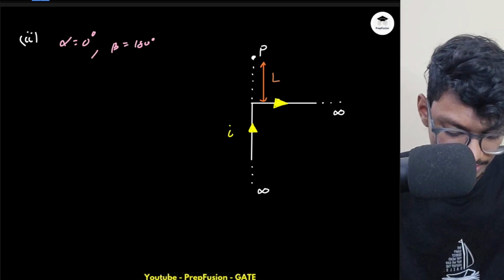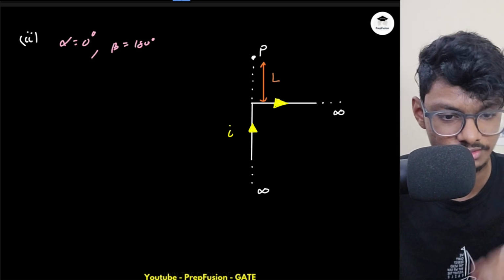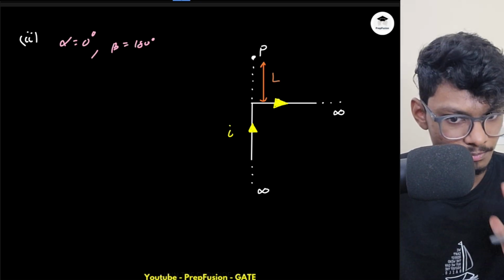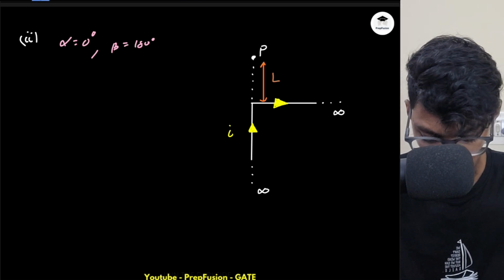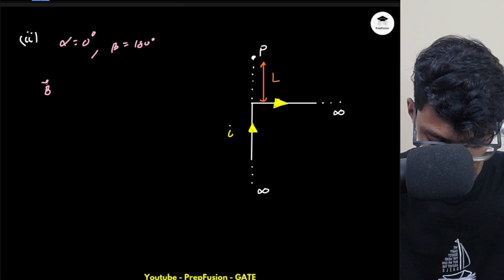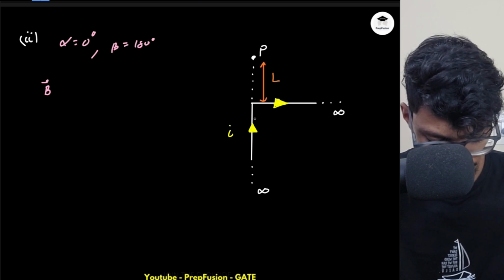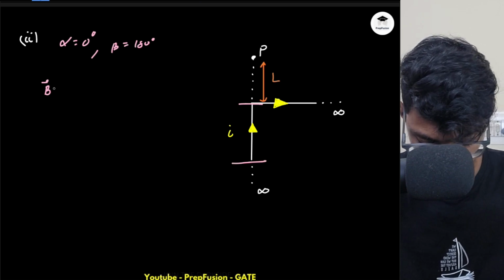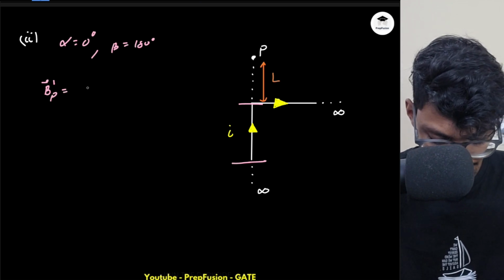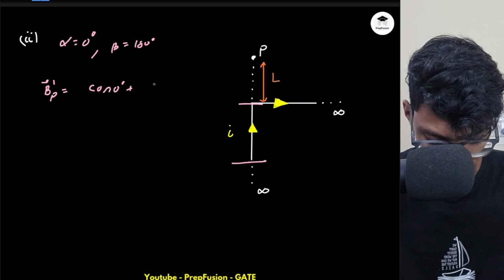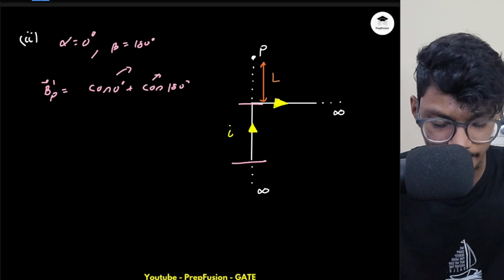So even if I assume like there is some perpendicular distance here, that perpendicular distance is 0, but if I assume some perpendicular distance R0, and find out the magnetic field due to this particular section, BP dash, this will be what? This will be simply cos of 0 plus cos of 180, which will cancel out, right? 1 minus 1 will cancel out.